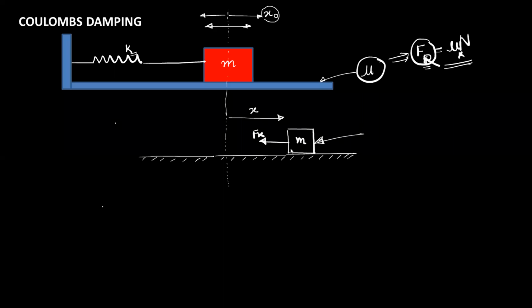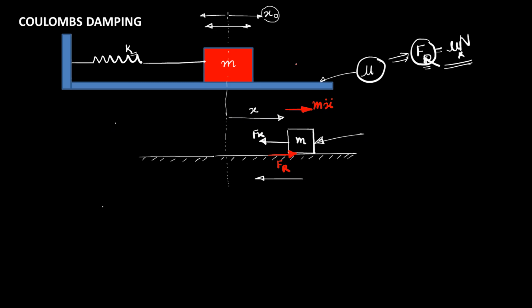This frictional force will be in the opposite direction, as the motion will start from right to left. So the frictional force will be on the right side. And the inertia force will remain on the right side. So this is mx double dot.